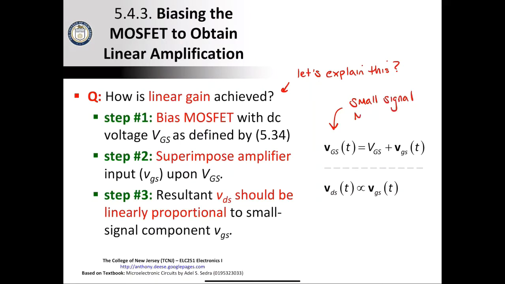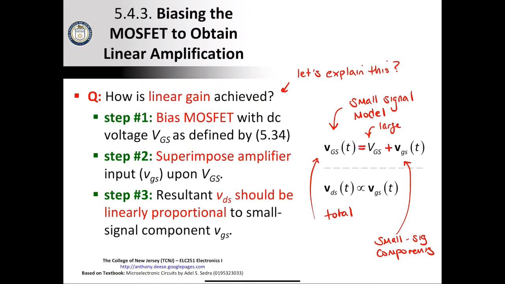We're still going to split the circuit from the total value into the large signal and the small signal components, and we're going to analyze those pieces separately. It's going to be a little bit different now, exactly how we represent those individual circuits, but we'll get to that in a second. So we take VGS, we split it up into big VGS, the large signal component, and little VGS, the small signal component.